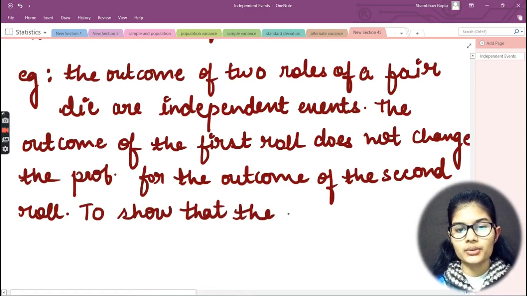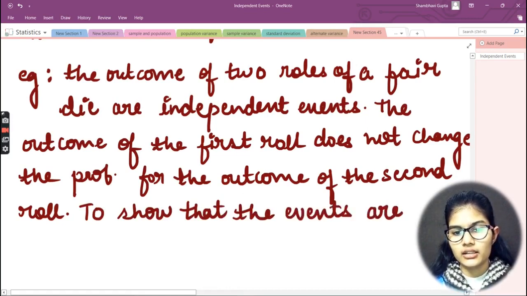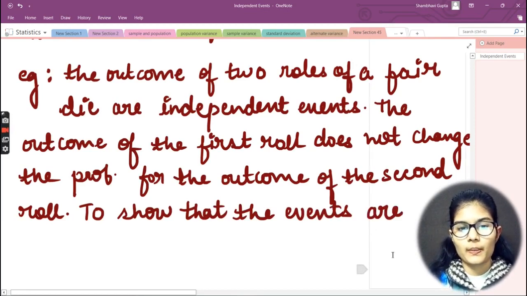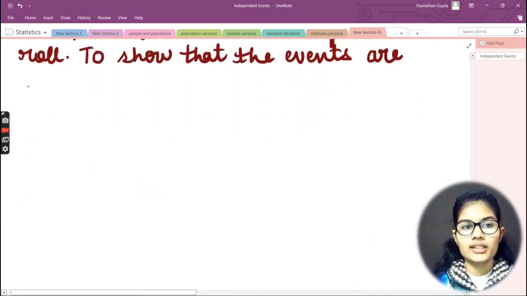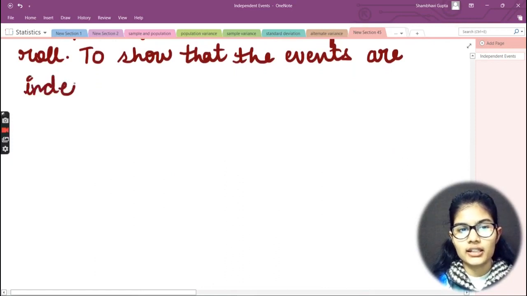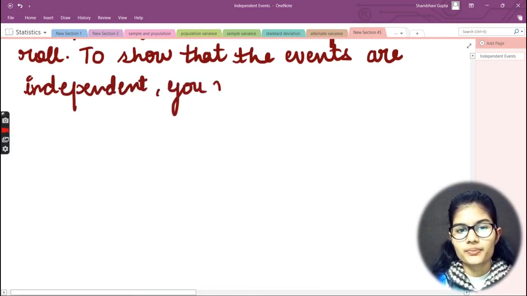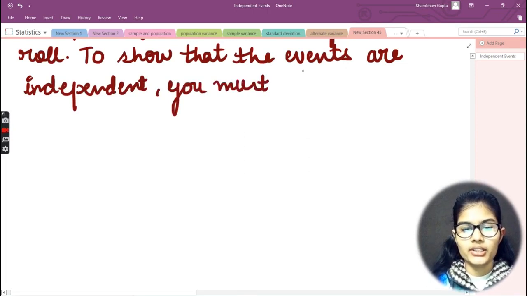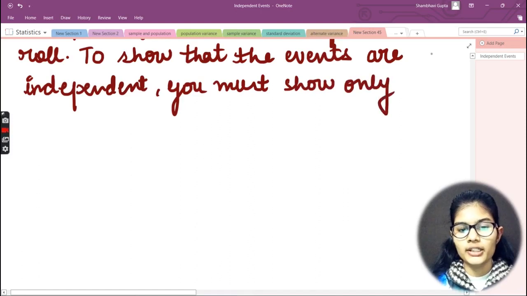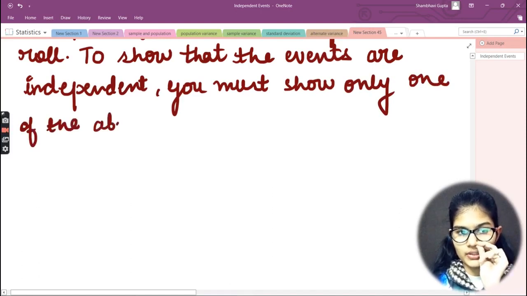So in this case, to show that the events are independent, you must show only one of the above conditions.